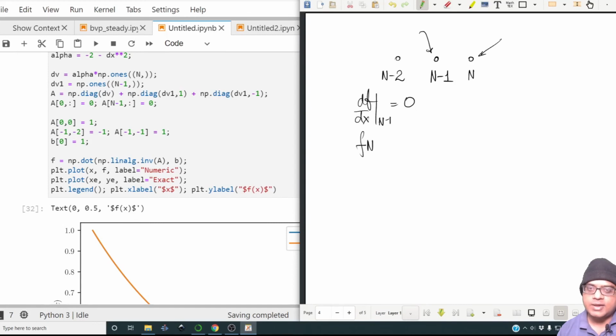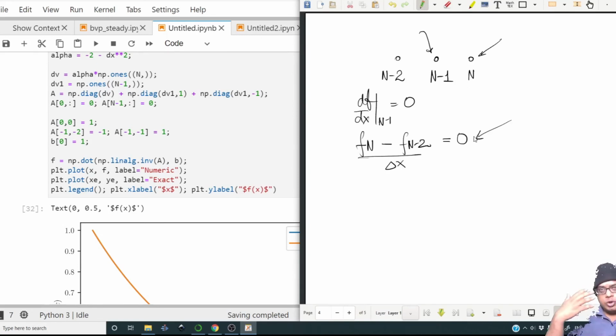So (f of n minus f of n-2) divided by delta x is equal to 0. But because it's using the nth node and the n-2nd node, it's order delta x square accurate. Alright, the truncation error is of order delta x square.